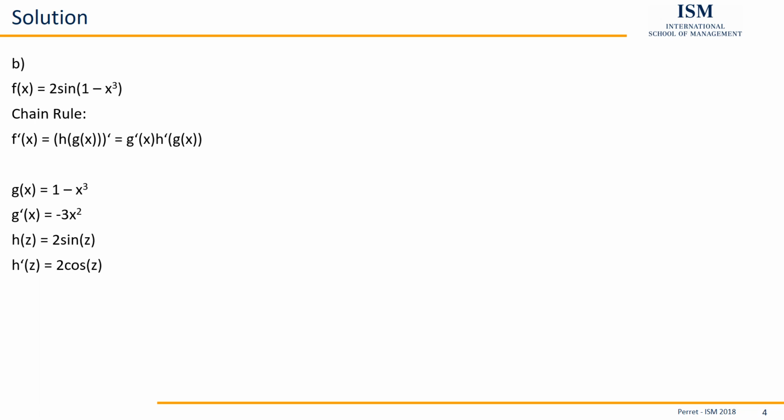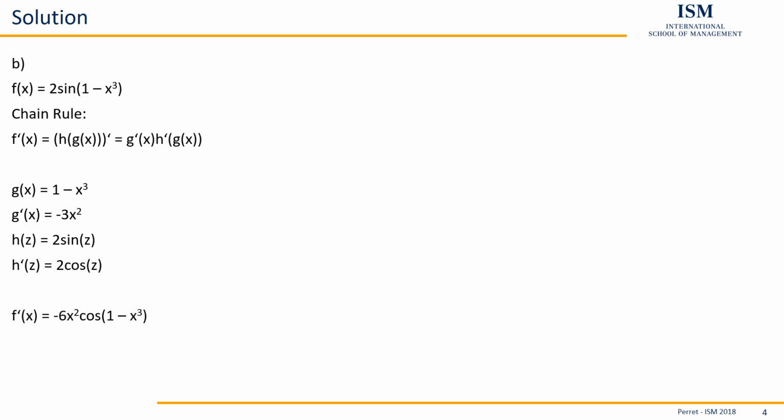Then what we are going to do, we're multiplying inner derivative, so minus 3x to the power of 2 times outer function derived, so times 2 times cosinus z, and instead of z we should write g again, so it's 2 cosinus 1 minus x to the power of 3.